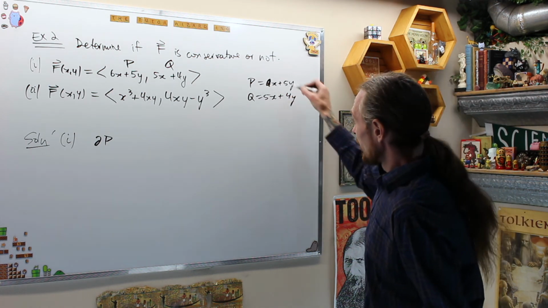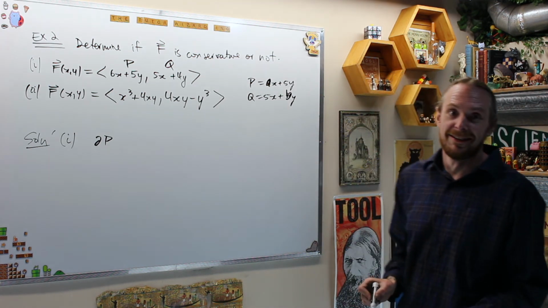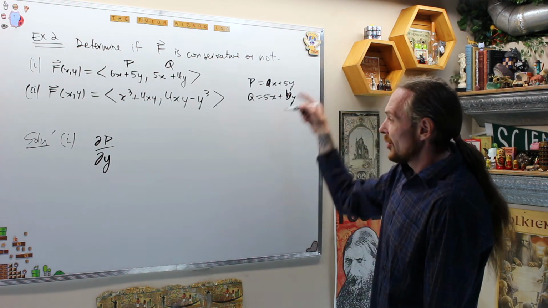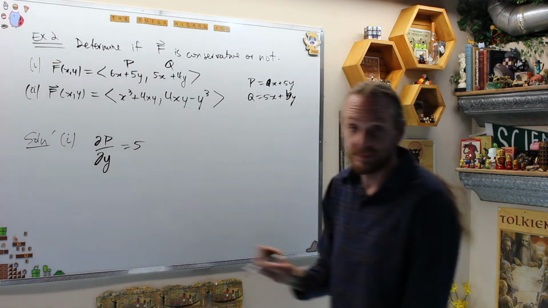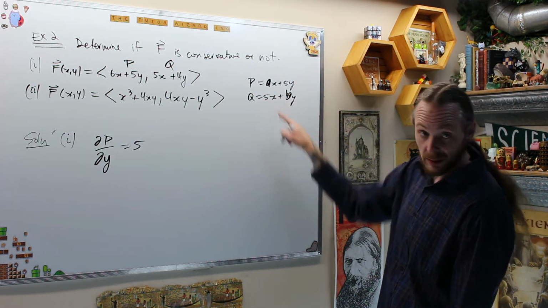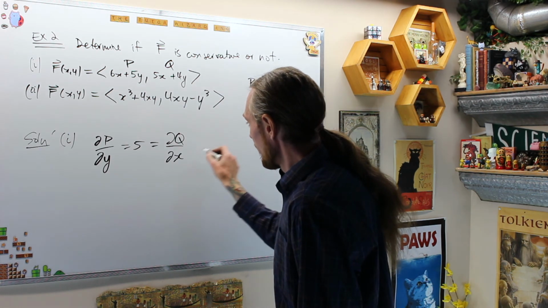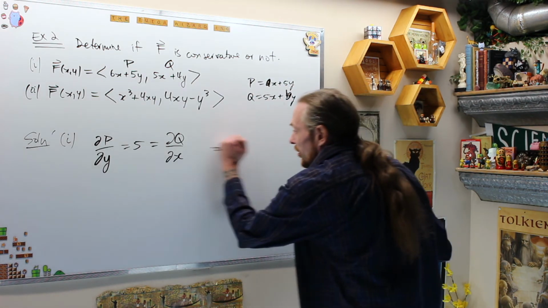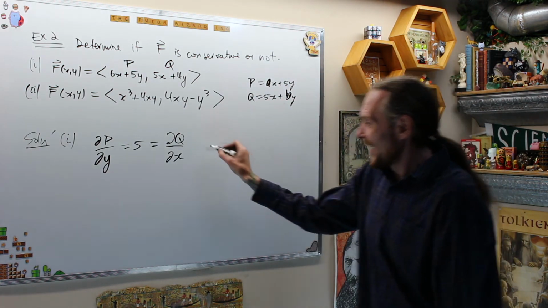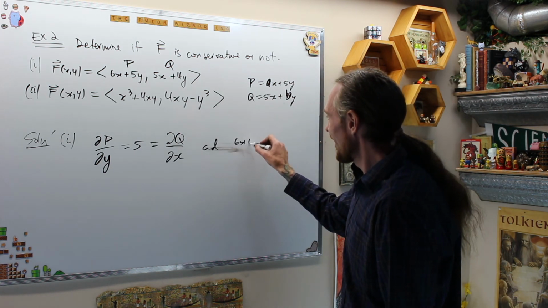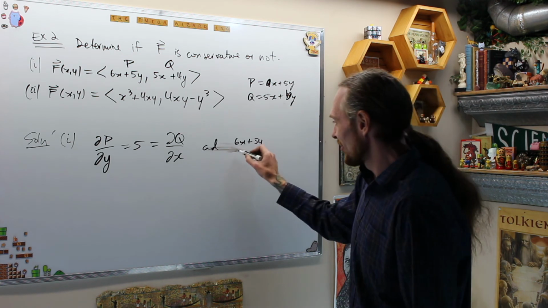Or, I don't even really care, watch. The partial with respect to y is going to be 5. And that's also going to be the partial of q with respect to x. And then therefore, no. 6x plus 5y, I changed them, but it doesn't matter.